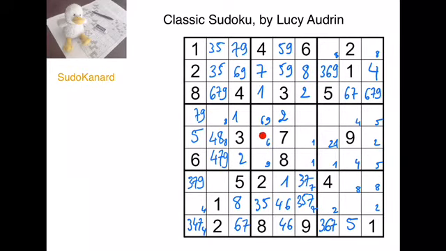That's not a 3 or a 5, so that's a naked single. 3, 5, 9. Yes, this is a 6. And 3, 5, 9 in the other cells.